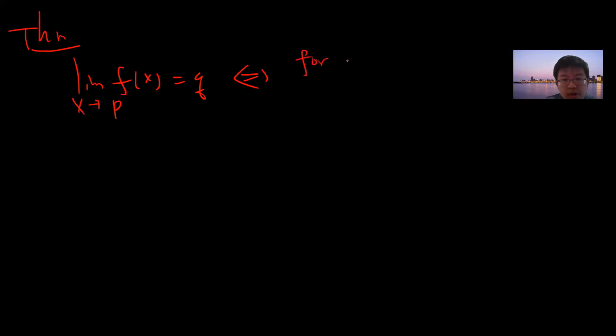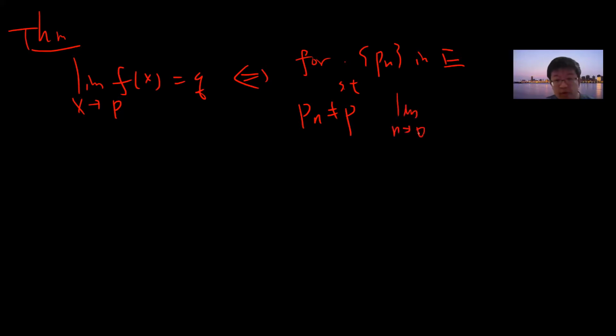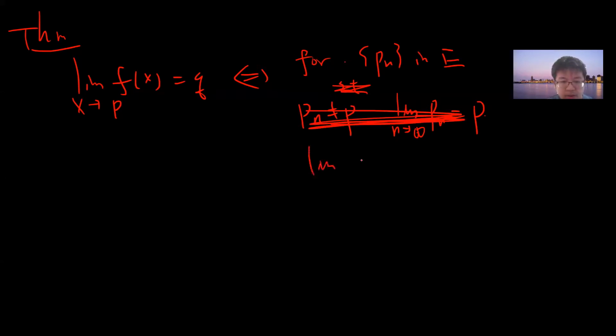Now we give a theorem. Suppose you have the limit of f(x) as x approaches p equals q if and only if for every sequence p_n in E such that p_n is not the same as p and the limit as n goes to infinity of p_n equals p, the limit as n goes to infinity of f(p_n) equals q. Remember we have the idea of a sequence.